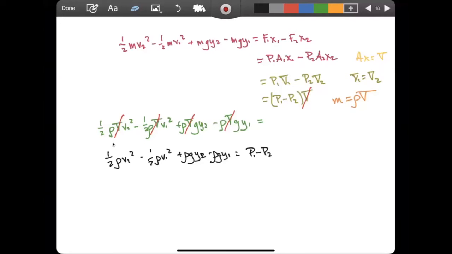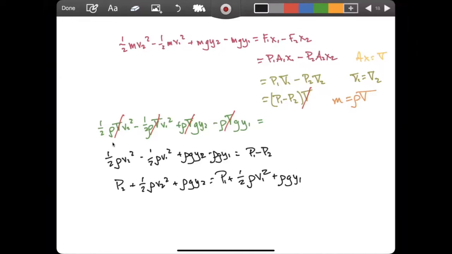And on the right-hand side, since the P2 is negative, I'm going to bring it to the other side. So finally, we're going to get that P2 plus 1/2 rho v2 squared plus rho g y2 must be equal to P1 plus 1/2 rho v1 squared plus rho g y1.